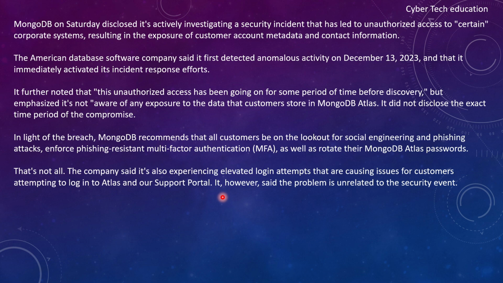That's not all. The company said it is experiencing login attempts that are causing issues for customers trying to log into Atlas and the support portal. It however said the problem is unrelated to any security issue.